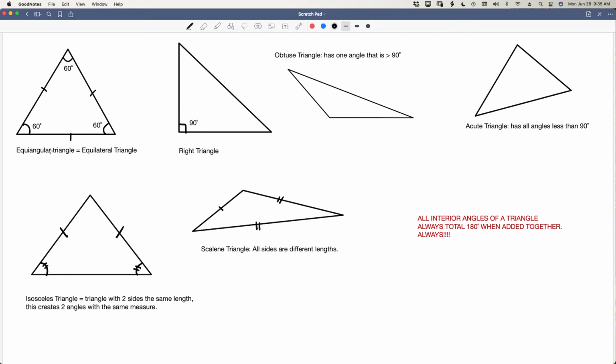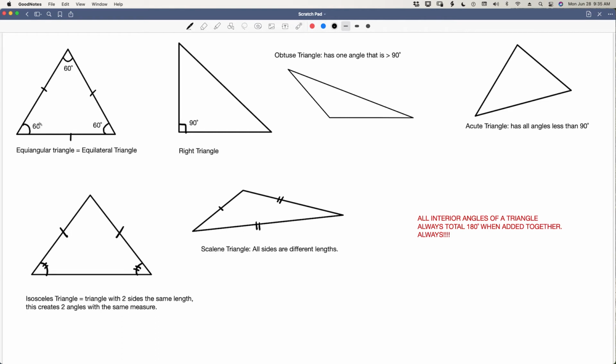When you have an equiangular triangle and all the angles are the same, it also has to be an equilateral triangle. That is the relationship that triangles have that are unique in the polygon family. You cannot have a triangle where all 3 sides are the same, where the angles are not the same. The angles have a direct relationship to the sides.